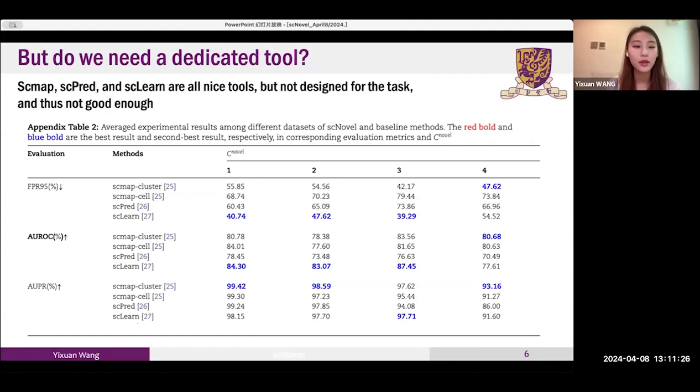In this table, we can find that though scMap, scPredict, and scLearn are all nice tools, since they were not designed for the novel rare cell type discovery task, their performance is not good enough. All their AUROC values are below 90%.